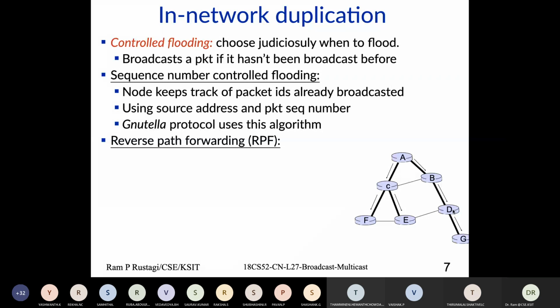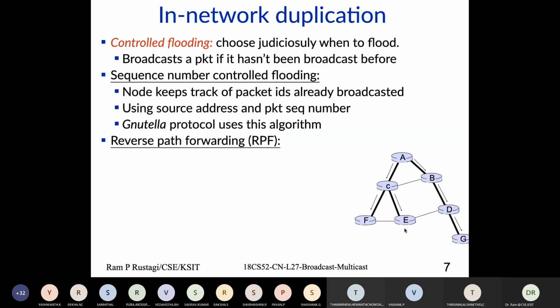E determines, using its own unicast routing, which link it would choose if it were to send a packet to A. And assuming we are using shortest path algorithms, when A sends a packet, E would receive it from C, it would receive it from F, it would also receive it from D, the same packet.